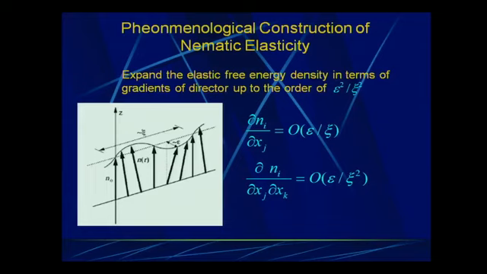And this second order derivative is epsilon over xi squared. And what we're going to try to do is to keep the free energy expansion up to the order of epsilon squared over xi squared.